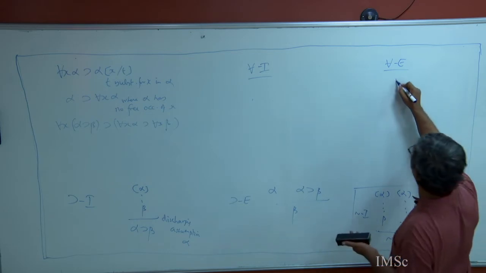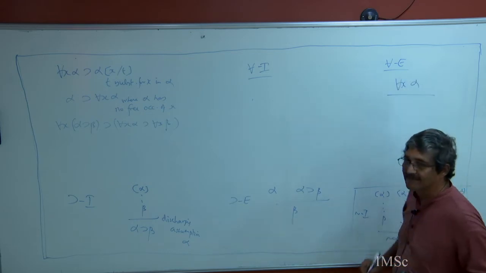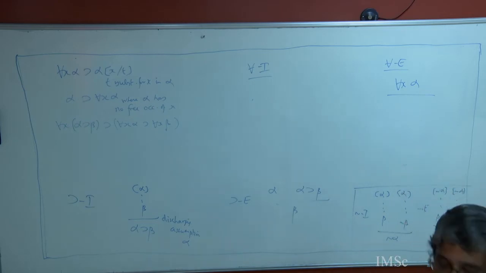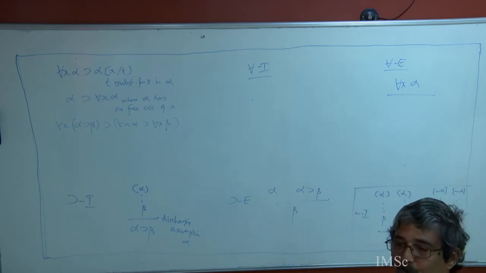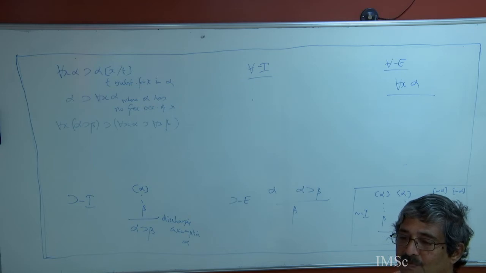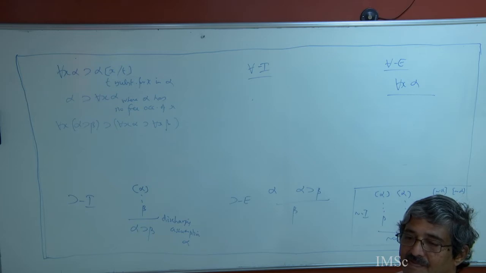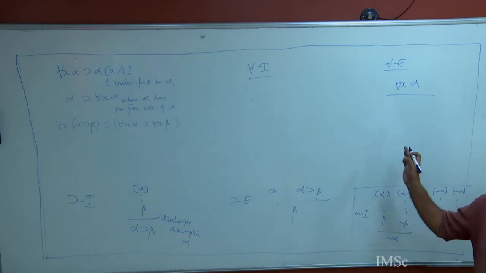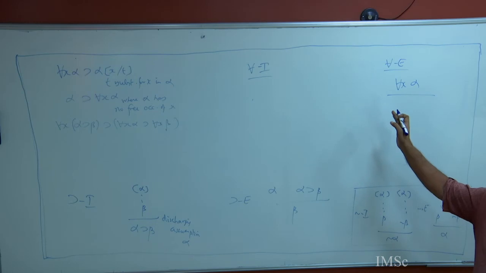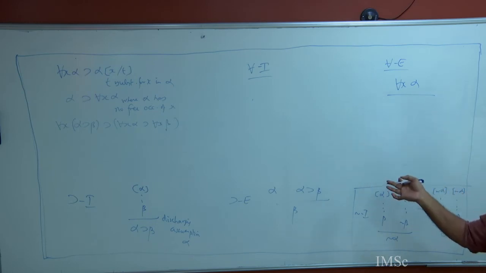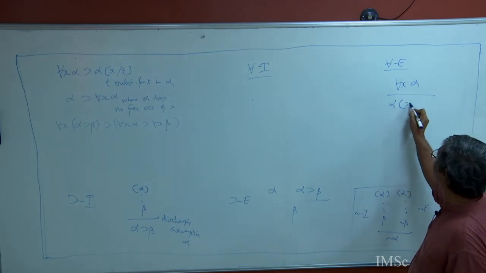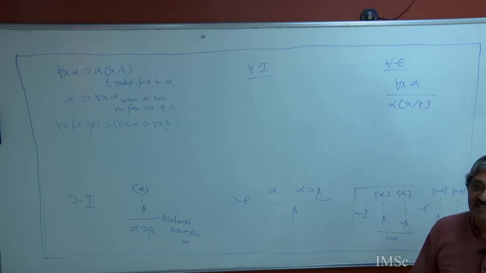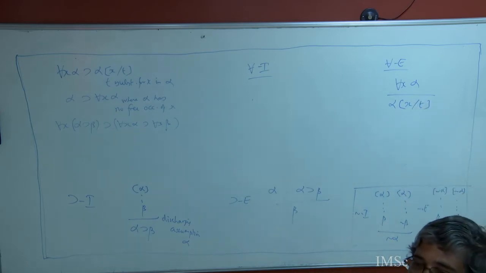Right, so let's write for all x alpha. So what should be the thing below? Exactly, not some variable. Which particular variable? We are eliminating for all x. So alpha with t substituted for x. It has to be this.